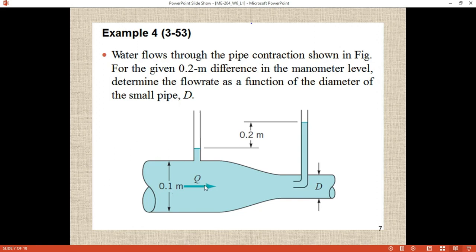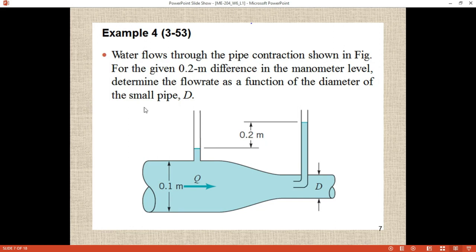What is unknown to find out the velocity, and how can we find it? By using the pressure, because we can use the Bernoulli equation to convert pressure into velocity or velocity into pressure. The pressure is given, so we can convert this pressure into velocity. Once we get the velocity we can easily calculate the flow rate, because the area is given for the larger section.